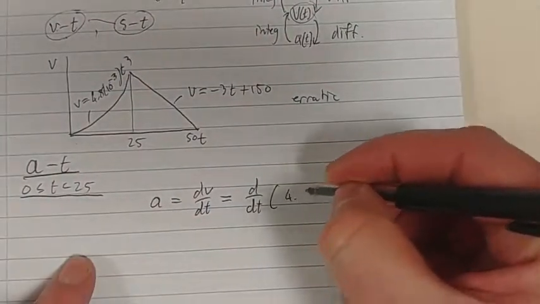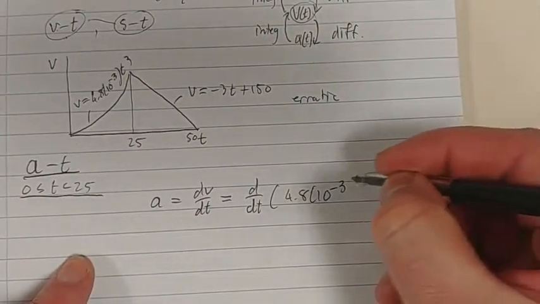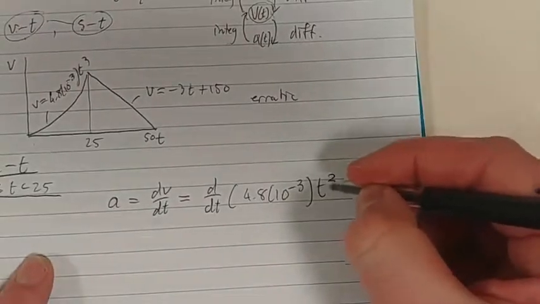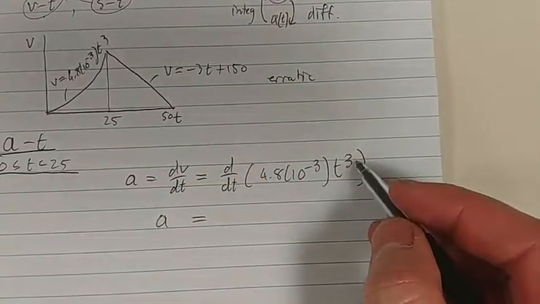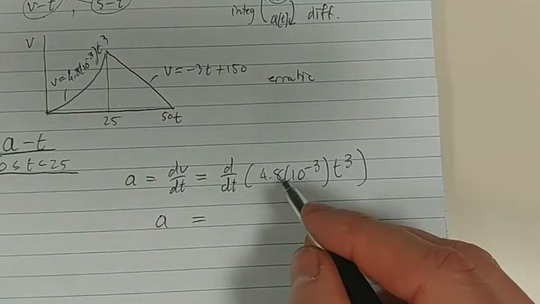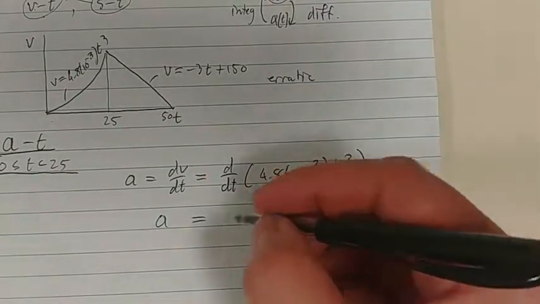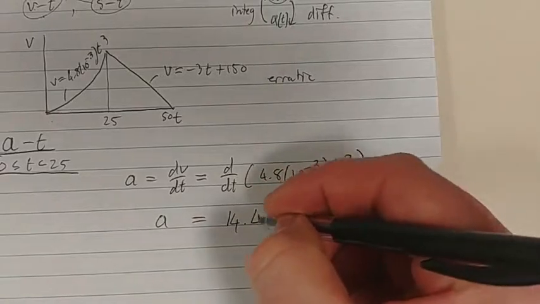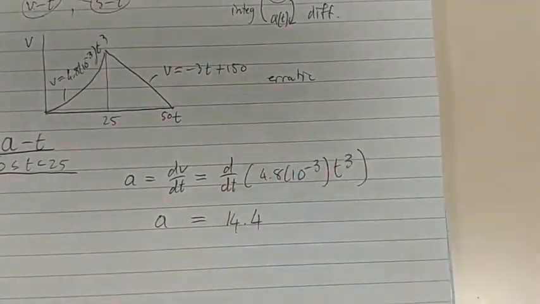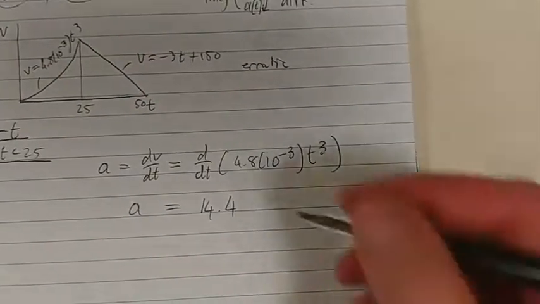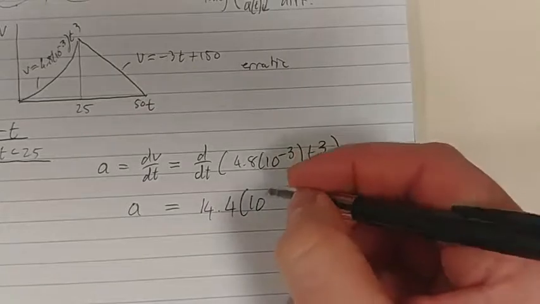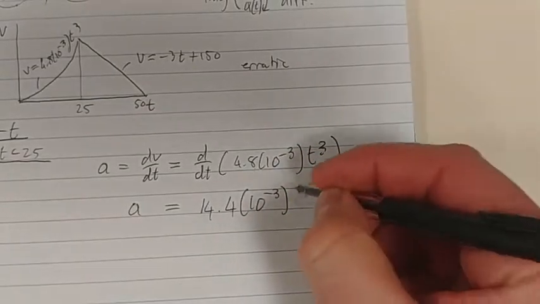It is 4.8 10 to the minus 3 t cubed. So acceleration is equal to 3 times that, which was 14.4 10 to the minus 3 t squared.